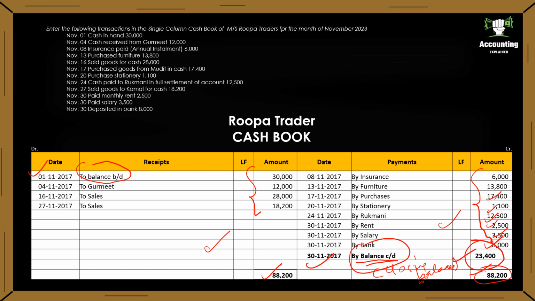When you write the closing balance on the credit side, you will write it as By Balance Carried Down. When you are going to take it to the next month, you are going to take it to the opposite side, that is now to the debit side, and you will write 1/12/2017 To Balance Brought Down 23,400.